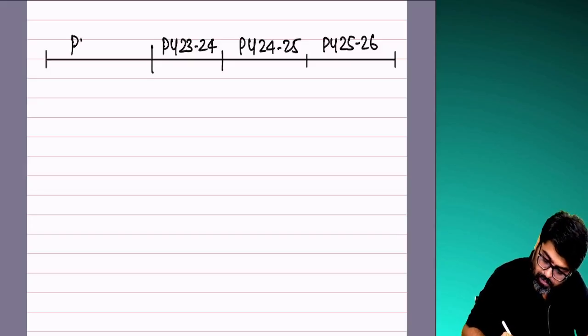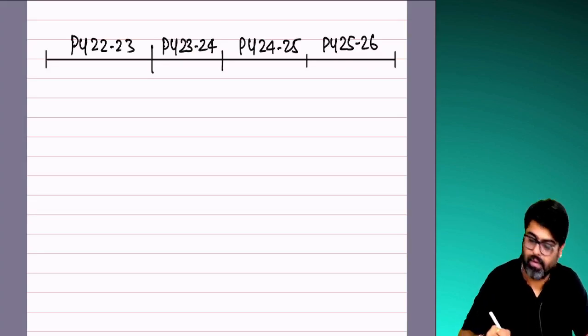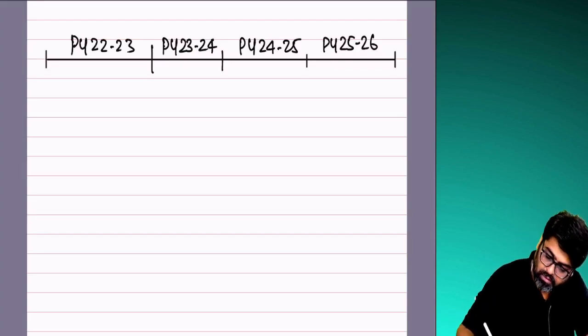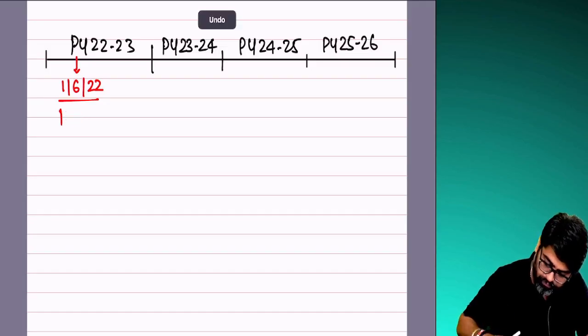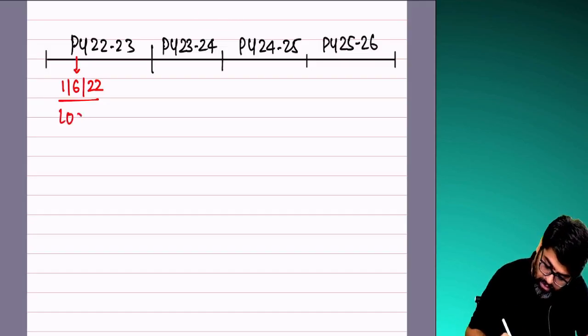And prior to that, previous year 22-23. So what happens is that during the previous year 22-23, on 1st of June 2022, I took a housing loan.